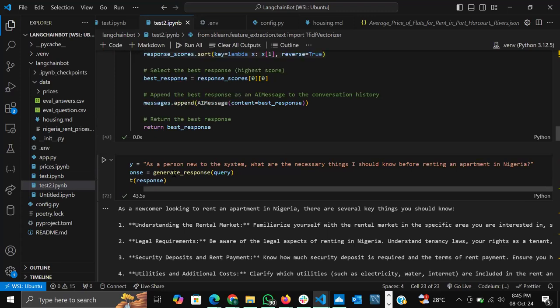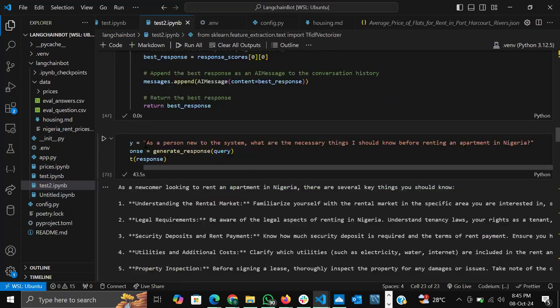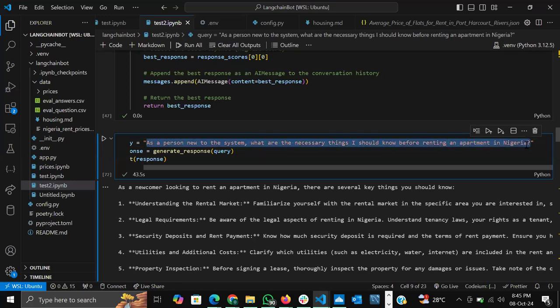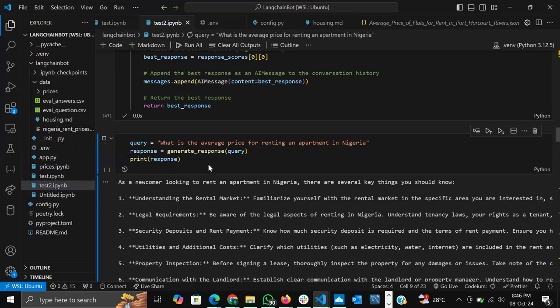I'll go ahead and ask it one or two questions more. This time around, something about the price of an apartment. So I'm going to run this and hopefully it gives something good.